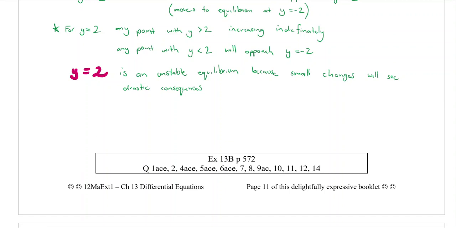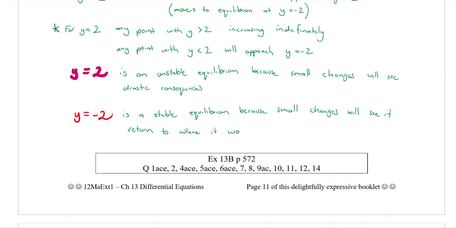Whereas y equals negative 2 is our stable equilibrium, because if we make changes to that, it's actually going to keep returning back to negative 2. Okay, that's it.